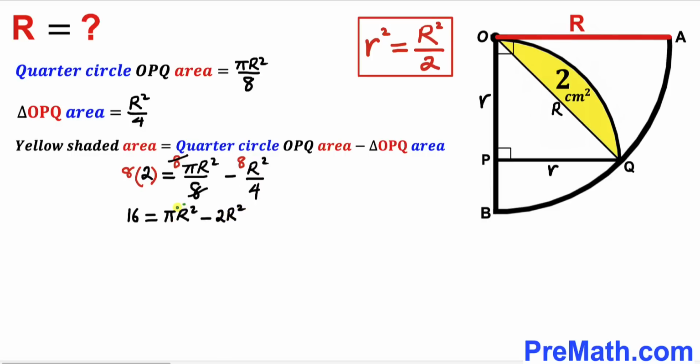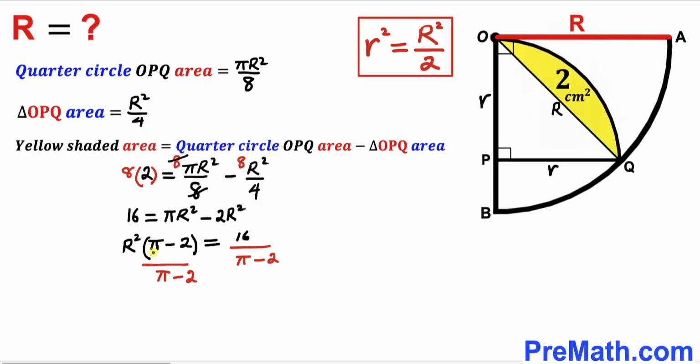And now we can see uppercase R square and uppercase R square is in common on the right hand side. So I can write uppercase R square factored out, and this could be written in the parentheses pi minus 2 equals to 16. And now I am going to divide both sides by pi minus 2 to isolate uppercase R square.